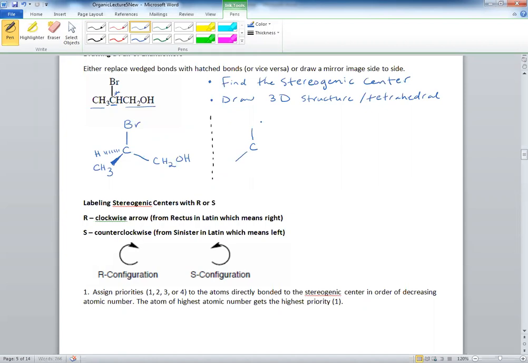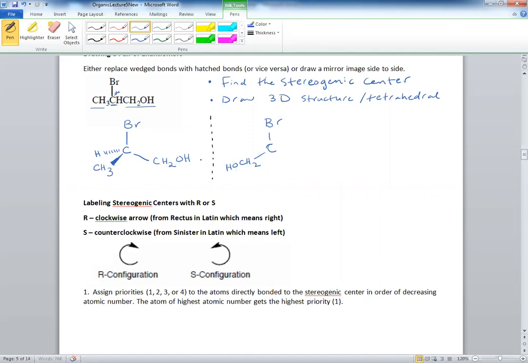What would happen is that the Br stays the same, nothing happens on the top. This one now would be closer to this side. The CH2OH, again, nothing happened here. We do it this way because remember the attachment is the C, so you want to make sure it's attached this way.